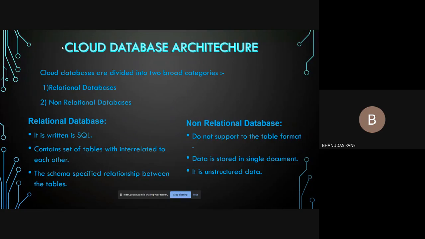And third, the schema specified in the relational database is the relationship between the tables. And second is the non-relational database. It means it does not support the table format. Second, data is stored in a single document and it is unstructured data. Relational database is a structured database, stored in tables, and non-relational database is an unstructured database, stored in document files.